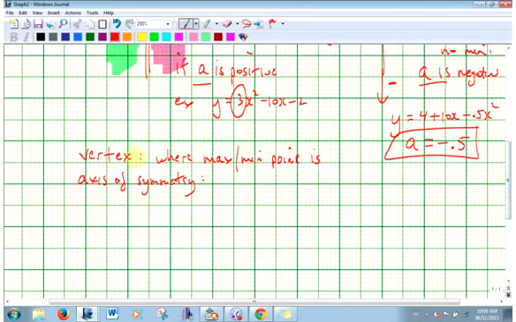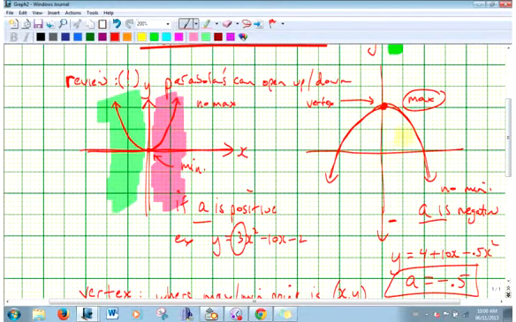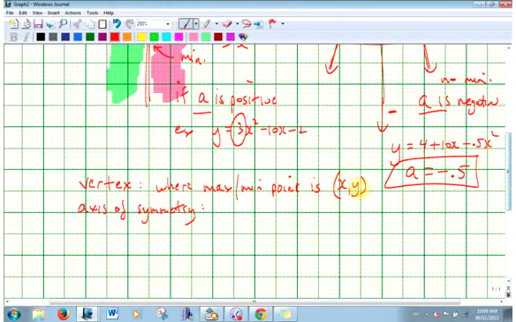So while the vertex is always a point x, y, in both of these cases it's 0, 0. Oh no, it's not in this case. Let's say that's 1, that's 2. This vertex is going to be 0, 2. The vertex is always a coordinate. The axis of symmetry is always in the form of an equation.